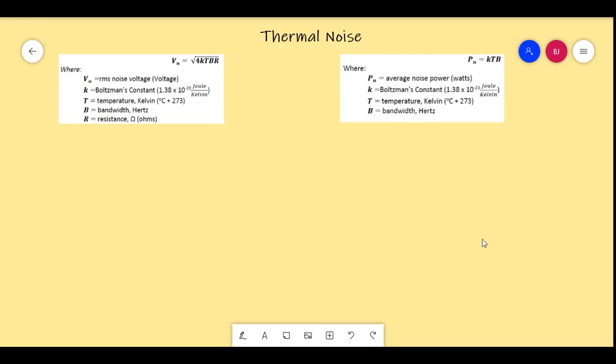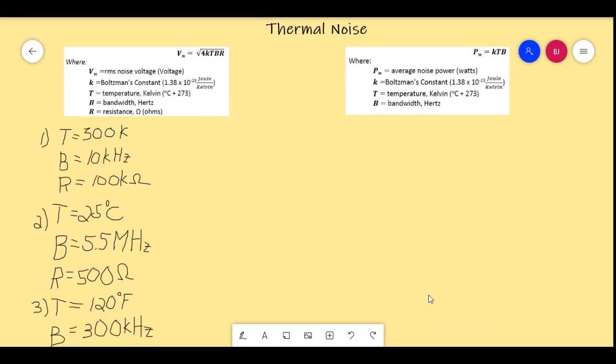So let's take a look at a few examples on how we're able to calculate thermal noise. Let's try solving a few examples with a bit of variation, and we'll try to solve both the noise voltage and noise power for thermal noise.